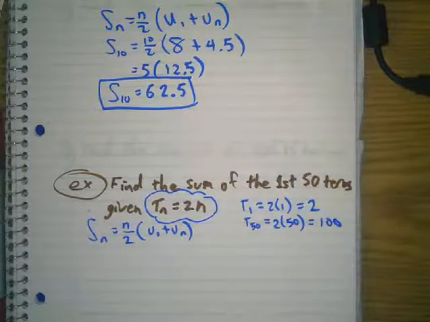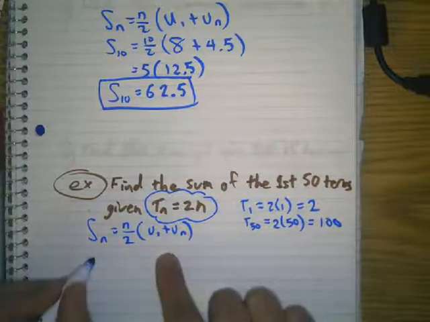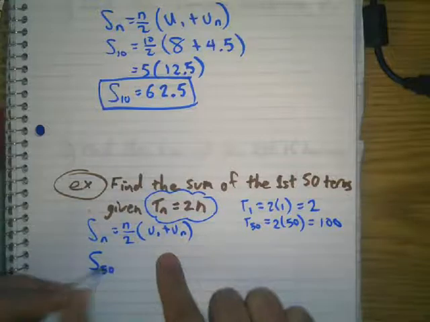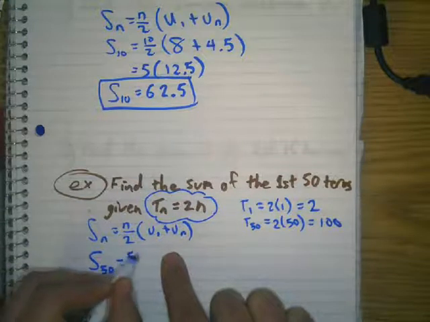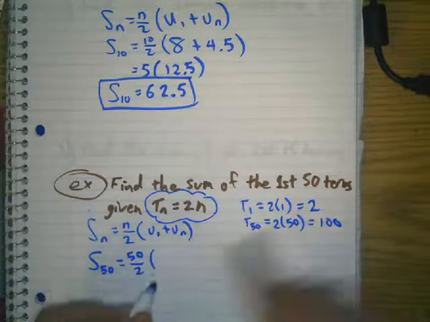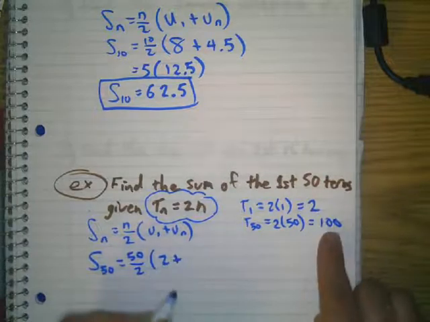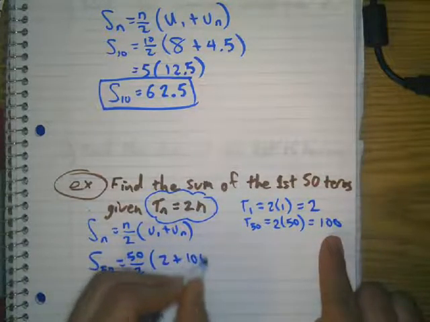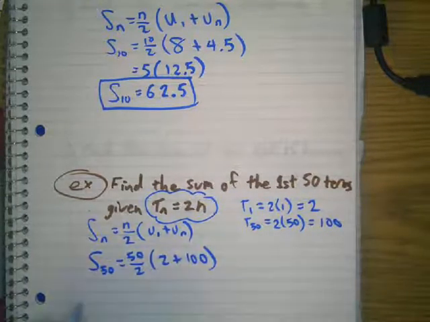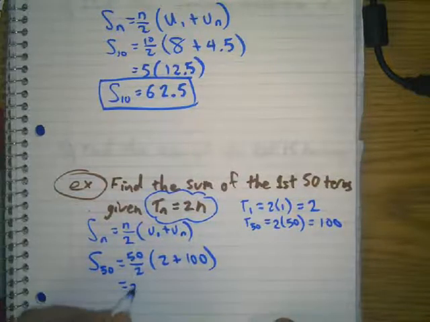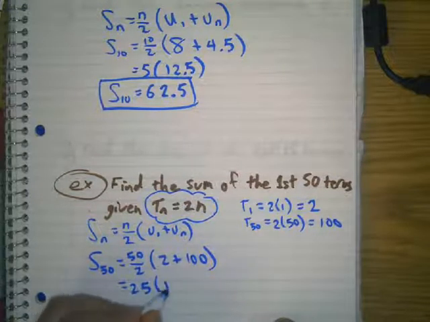All right. So let's put it in this formula. S sub 50, the first 50 terms, is 50 over 2, the first term is 2, the 50th term is 100. All right. 50 divided by 2 is 25 times 102.